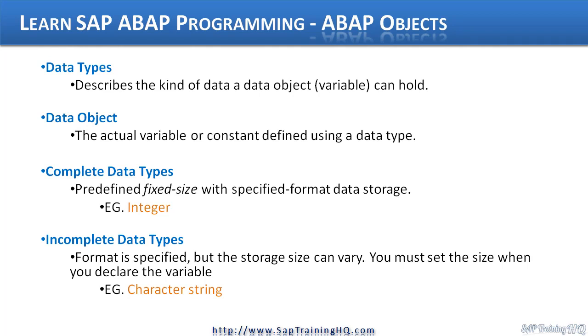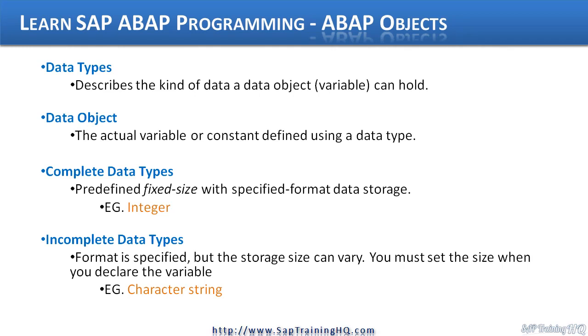And as you can imagine, with something like that, it's useful for maybe importing files into memory that we can then process in ABAP. Incomplete data types, on the other hand, do have a format specified, but the storage size does vary. When you use an incomplete data type to create your data objects, you have to specify the set size when you declare the variable.